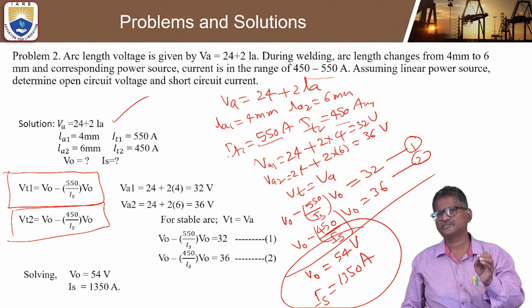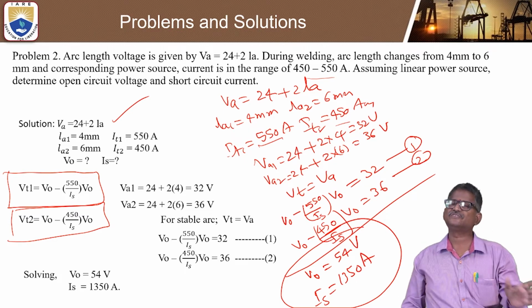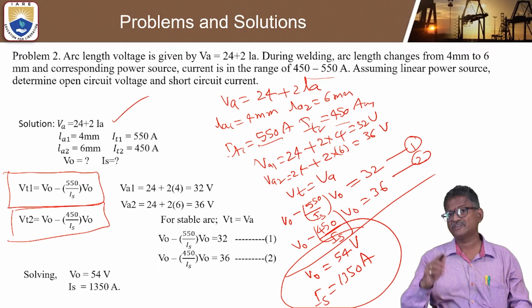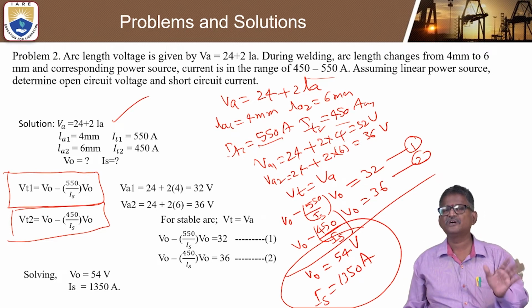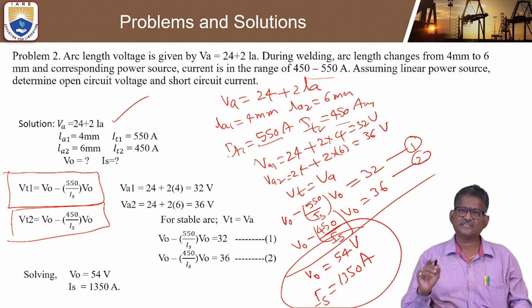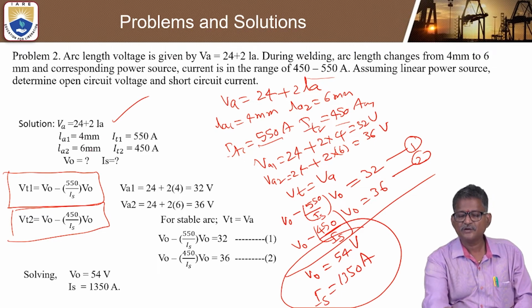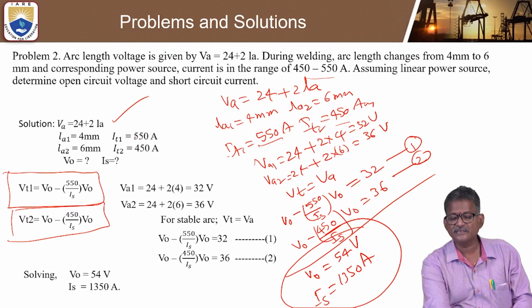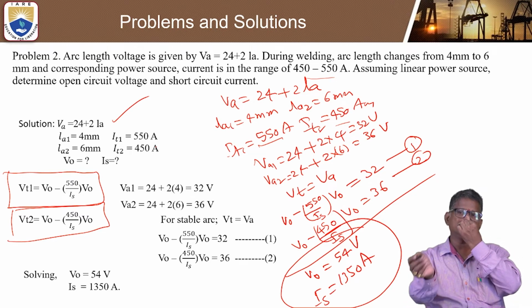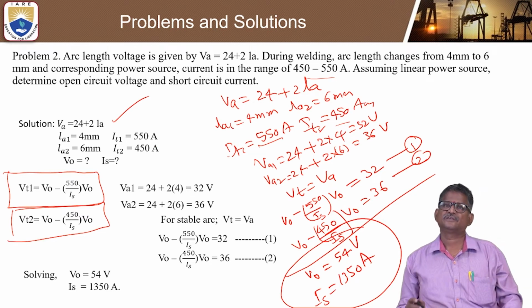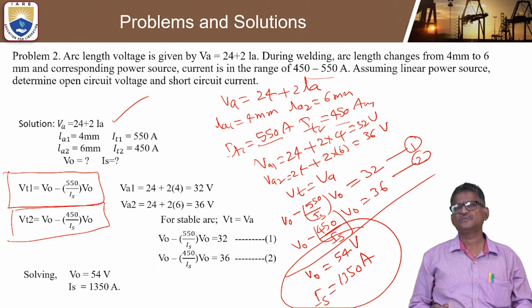If you have it, then the problem is very simple. Otherwise, even if you solve it many times, it is difficult to get. That is why here the arc length is given as 4 to 6, but the range is given as 450 550. For low arc length, the power will be maximum, and for high arc length, power will be less. If you reverse that, obviously this problem is very simple to solve.